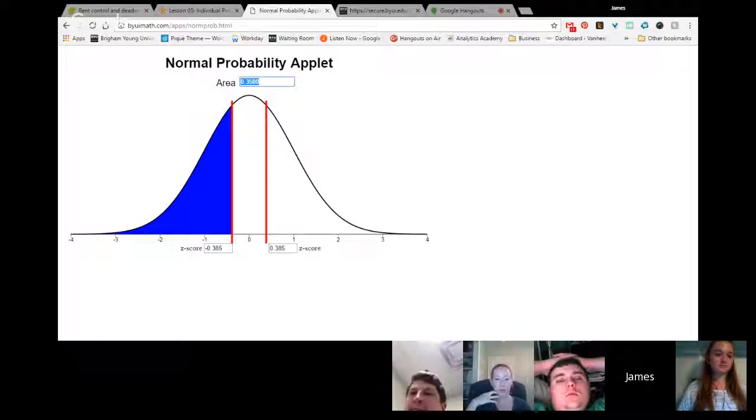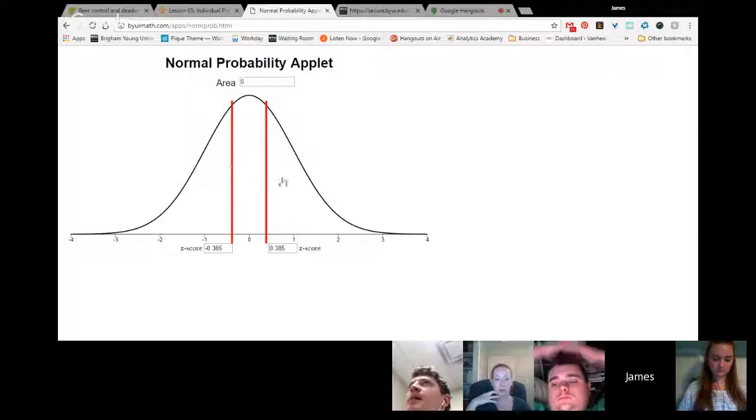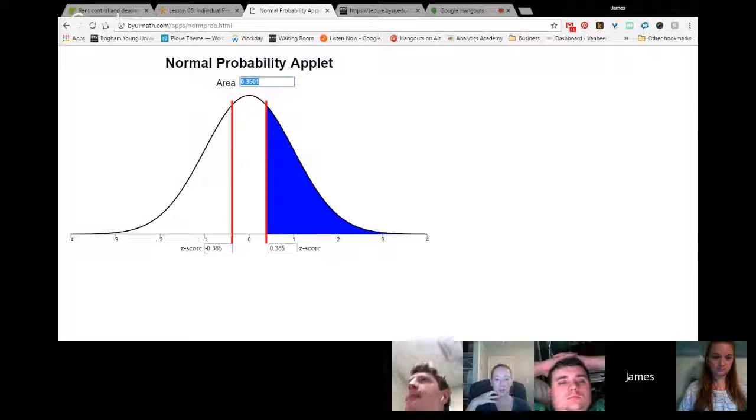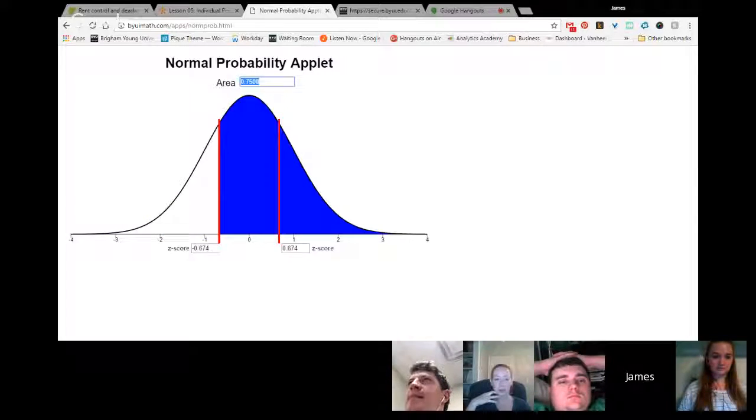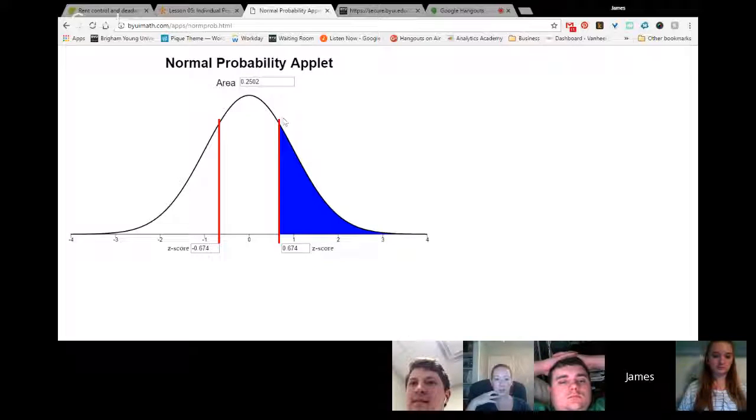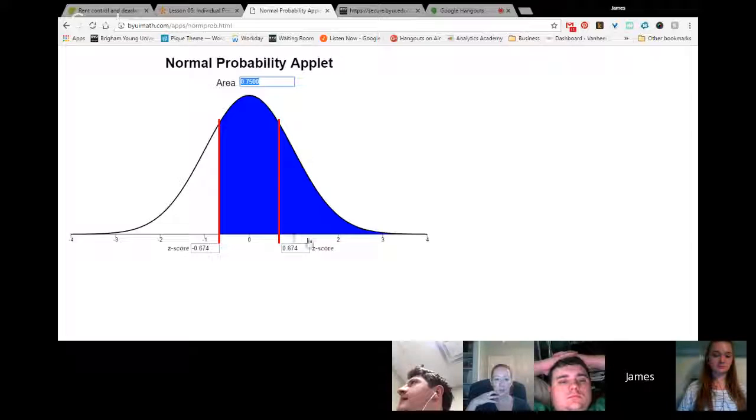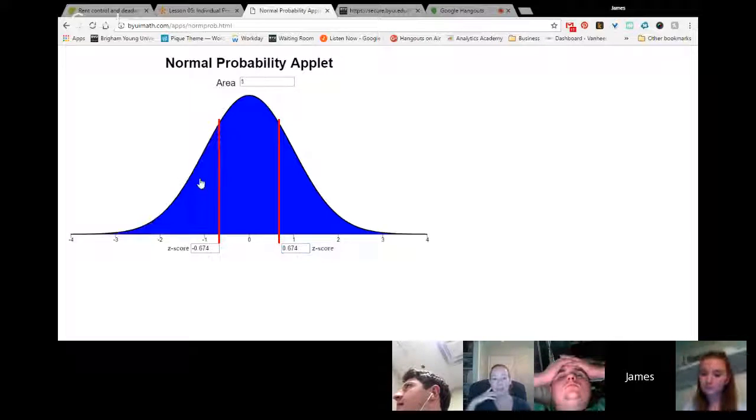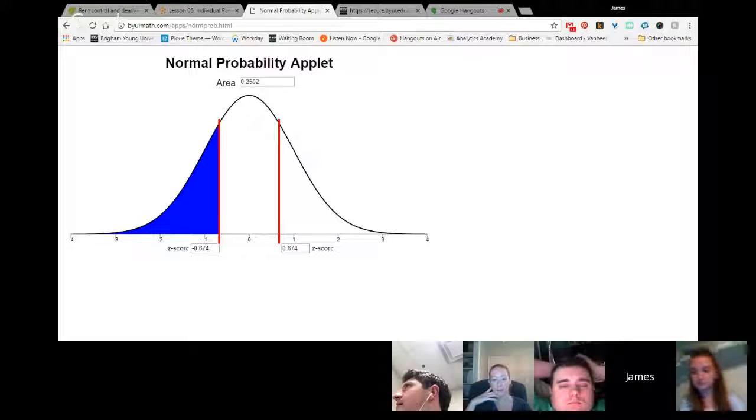Okay, so basically, if I want the 75th percentile, I'm going to hit 0.75. Hold on, let's see. Okay, the 75th percentile, that would be the z-score. Honestly, I don't know exactly how to explain it, except that I'm pretty sure that's how it works.